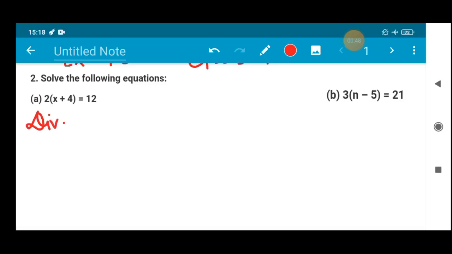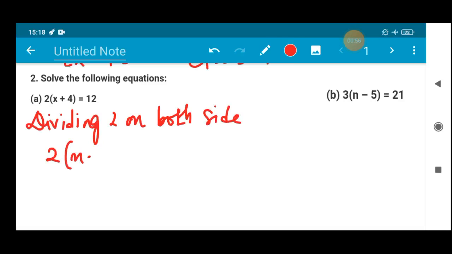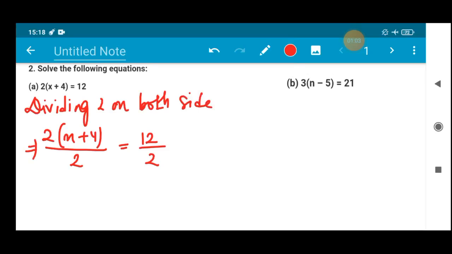So I can divide that, dividing 2 on both sides, we will get 2(x + 4) divided by 2 is equal to 12 by 2, because we are dividing 2 on both sides, don't forget that, right? Now 2 gets cancelled out, the value which is remaining is x + 4 = 6, because 2 1s are 2, 2 6s are 12.